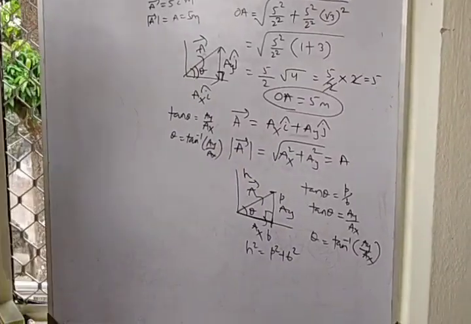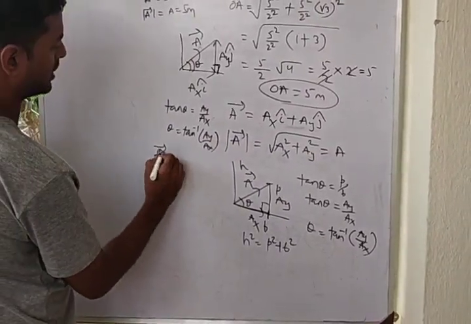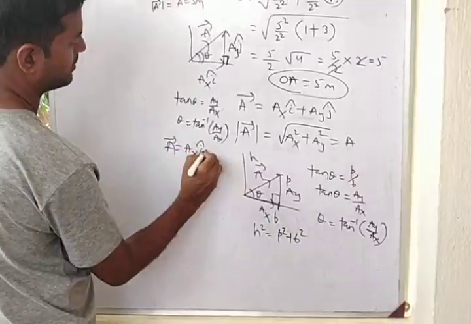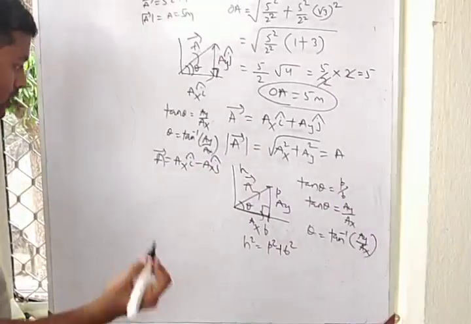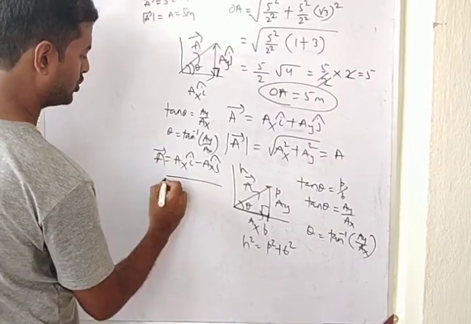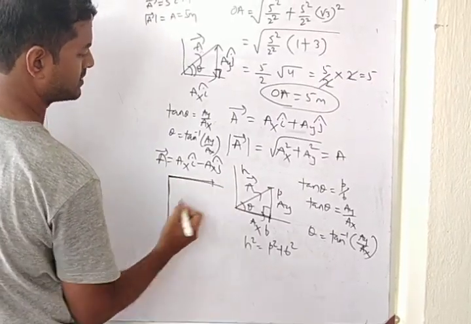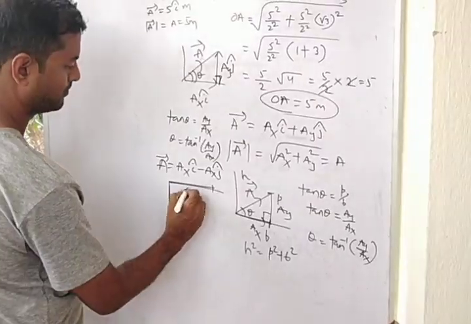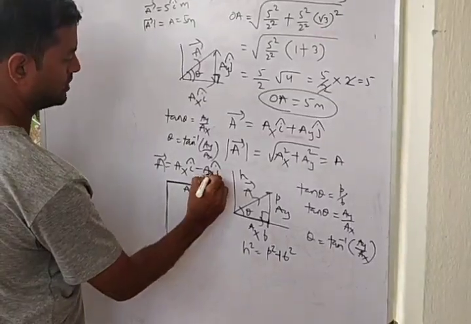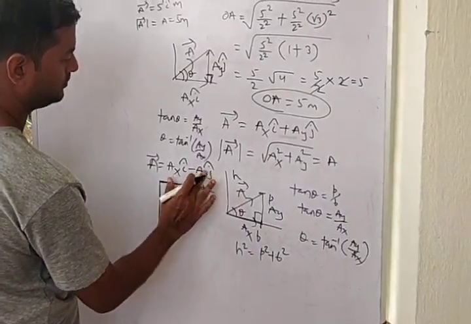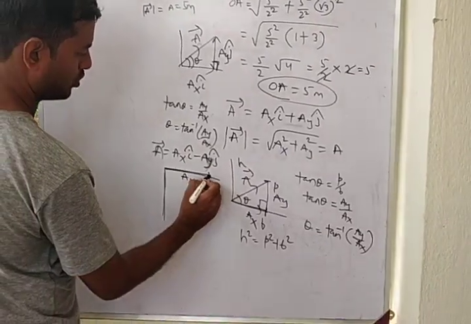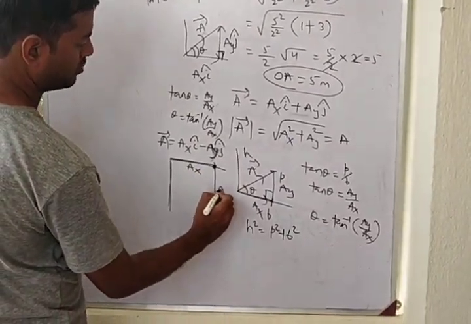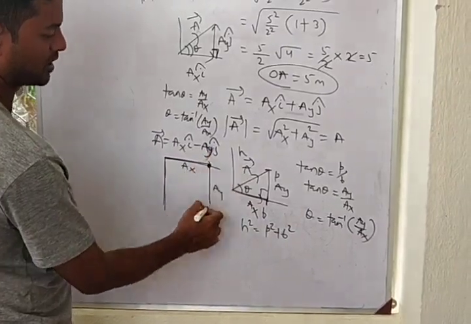If somebody asks, sir, if I take a vector ax i cap minus ay j cap, what will be my direction? Okay, draw a diagram. So this is my ax i cap positive, and this is minus ay j cap. So from origin to downward. Why? This is negative y-axis, that's why I am going downward.